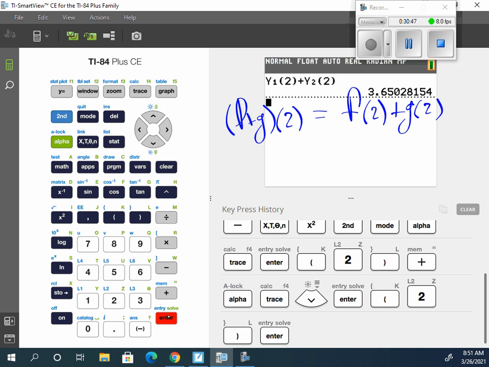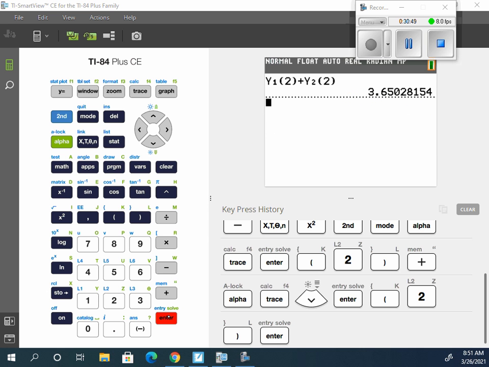Now at this point here, if I want to do subtraction of these two, it's actually not that bad. Because if I want to subtract these two functions, I would go up, highlight the y1 plus y2 and hit enter. Or we can recall it again. Enter.